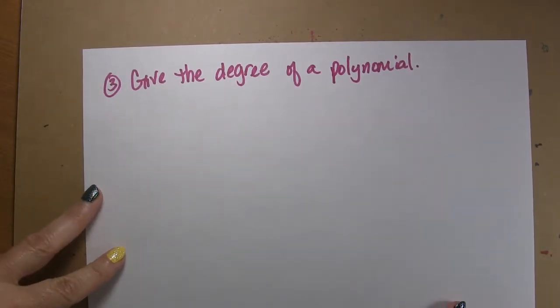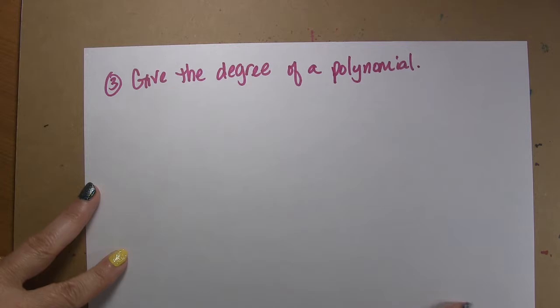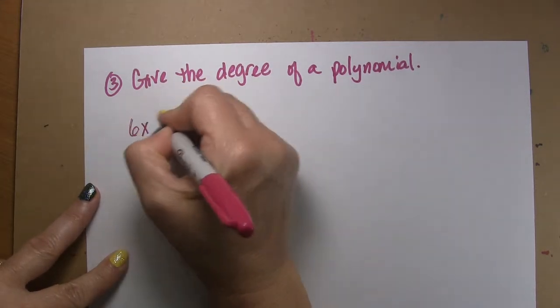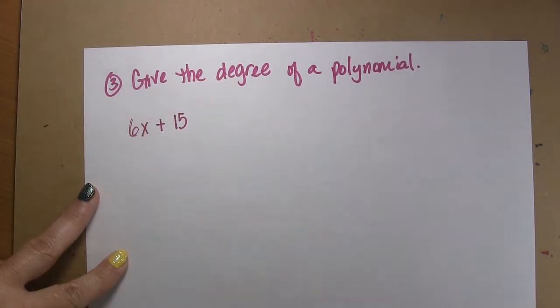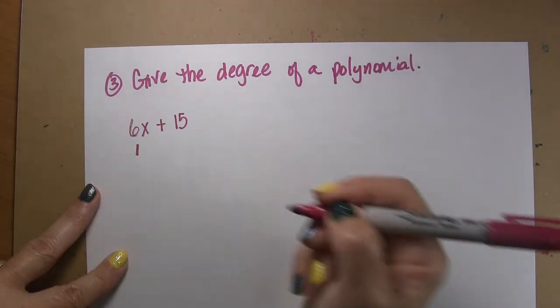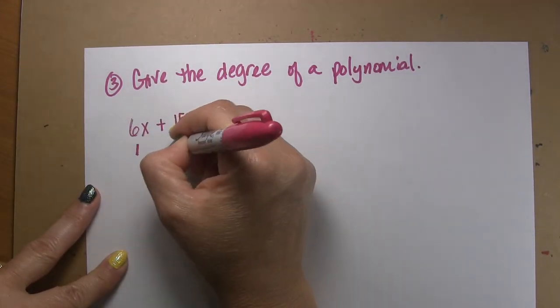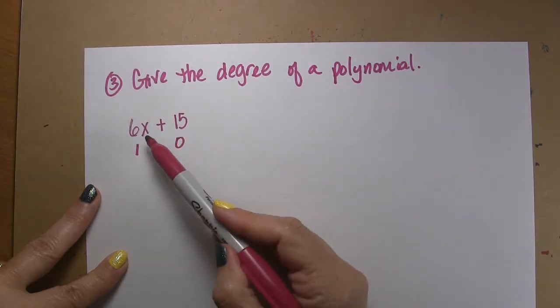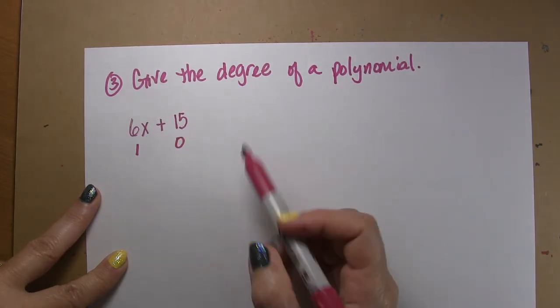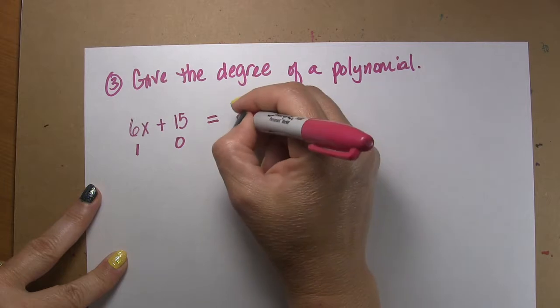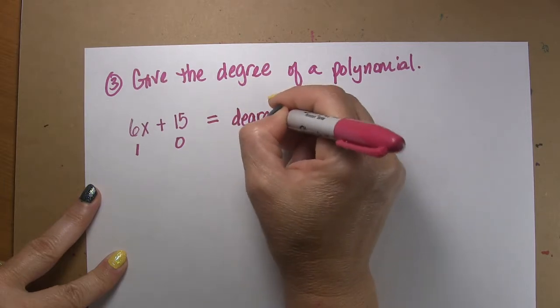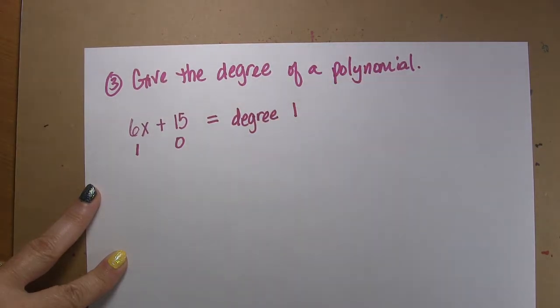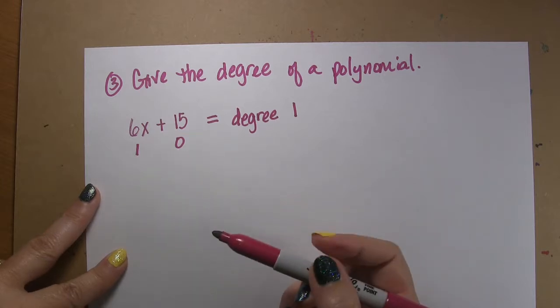We're not going to come up with every possible nitpicky thing that we can. Let's say we have 6x plus 15. This has the power of 1, and this has the power of 0, right? Because this is x to the 1 and this is x to the nothing. So we would say that this polynomial is degree 1 because you picked the largest number.